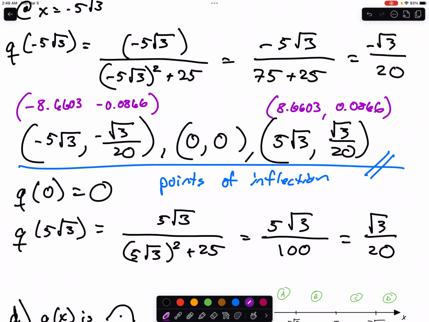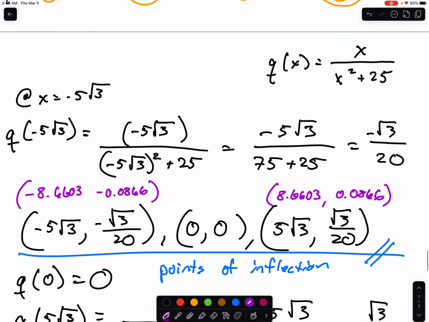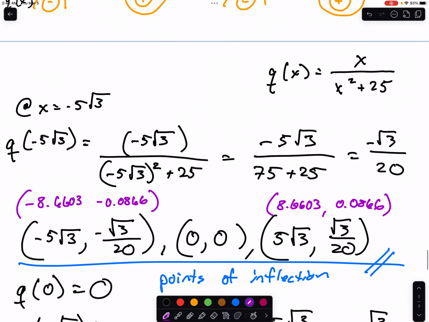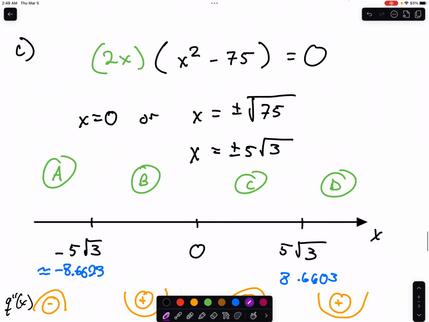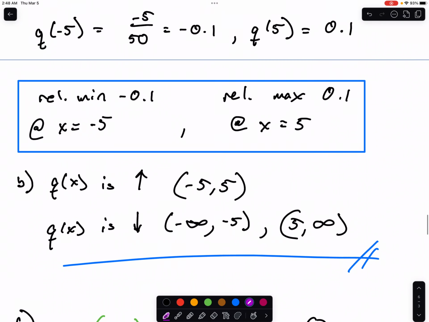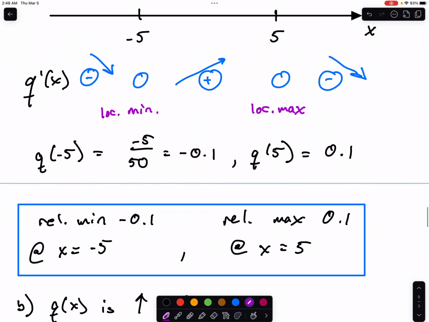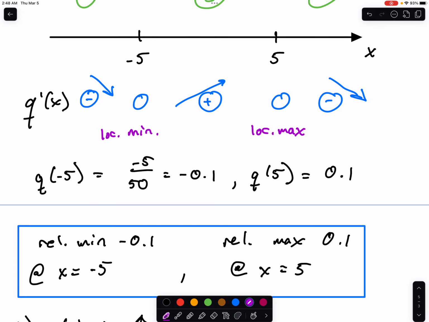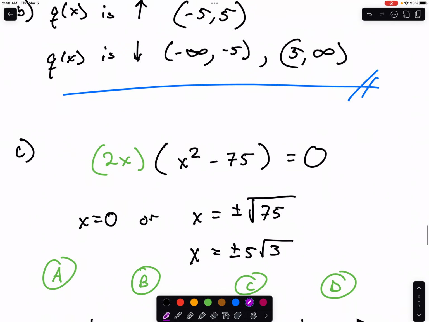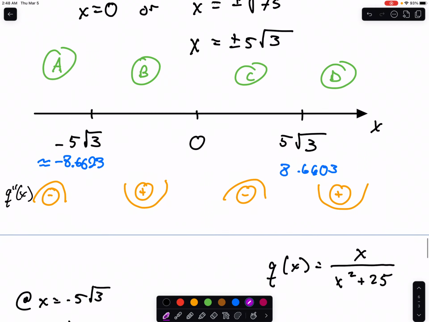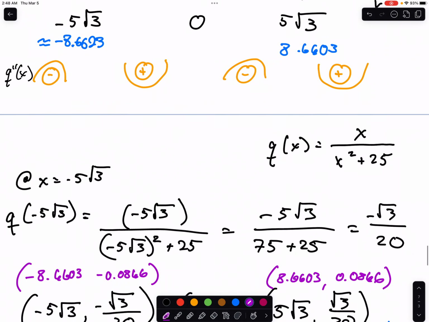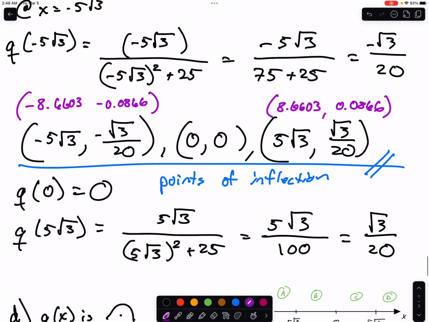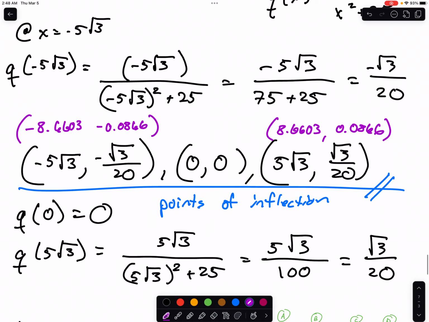Our x values, it looks like we need to go at least to 10. Our y values, we got some small decimals there, 0.1. Man, I hope we didn't make any mistakes.